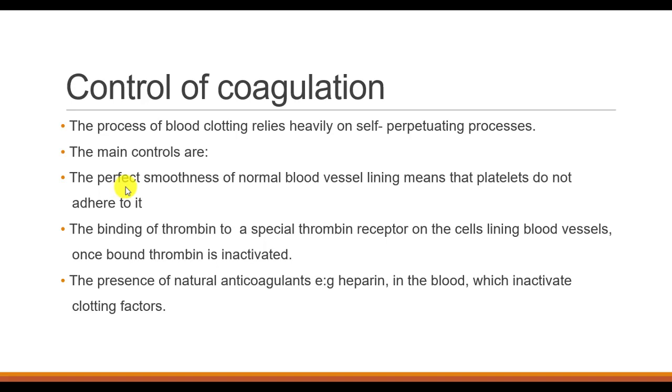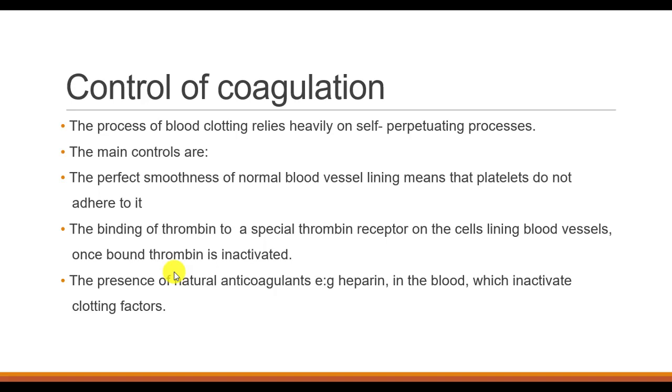So the first step is that the blood vessels are quite smooth and they do not let platelets adhere to them unless there is damage to a blood vessel. So normal blood vessels are very smooth. And the binding of thrombin, so I previously mentioned thrombin, and the binding of thrombin to a special thrombin receptor on the cell's lining. Once bound, this inactivates the thrombin.